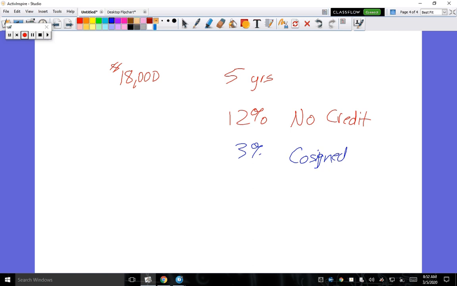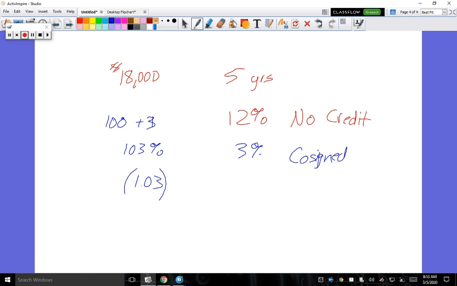100%. And now the bank wants its cut. The bank says, we're giving you this 18 grand so that you can buy the car, but we want a percentage of that cut. So it's going to be 100 plus 3 to give you 103%, which is 1.03.